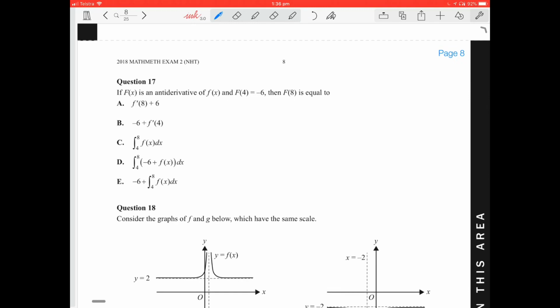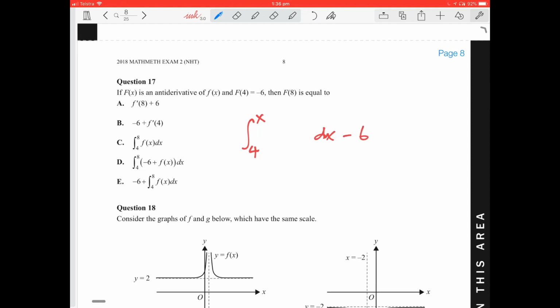Okay, f of x is an antiderivative of f of x. F of 4 is negative 6. F of 8 is equal to... Okay, so we know that when we integrate from 4 to x of f dx, it would equal... it's going to equal negative 6.